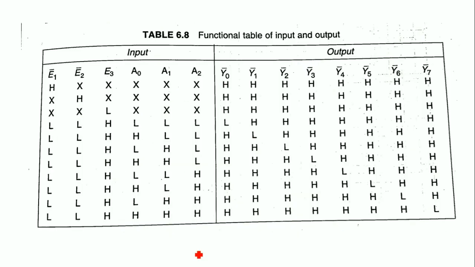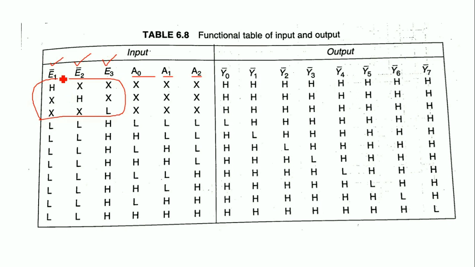Here this table represents the functional table of input and output of the 74LS138 decoder. Here E1 bar, E2 bar and E3 represent the enable inputs, and A0, A1 and A2 are the address lines which are used to select one of the output lines. If you see this part of the table, the enable pins are not in the correct state.